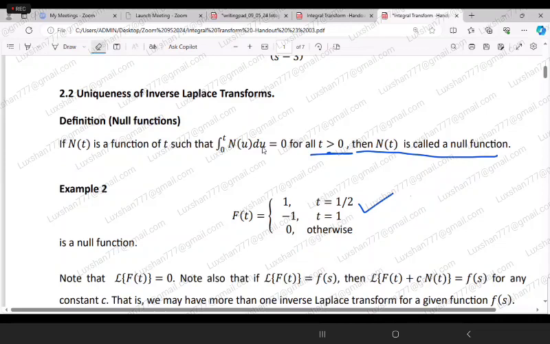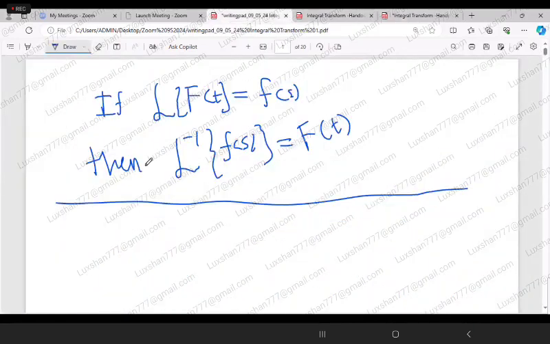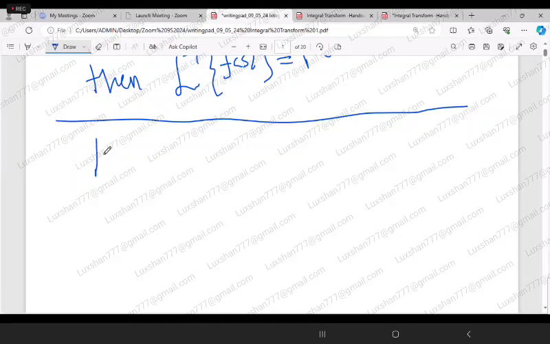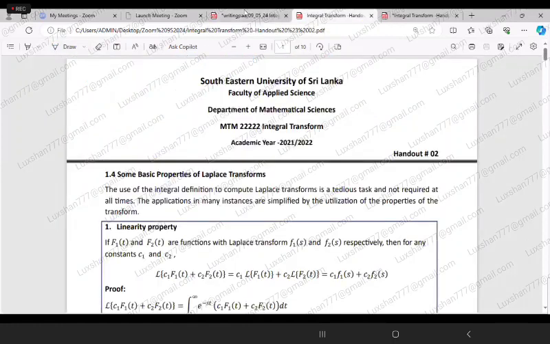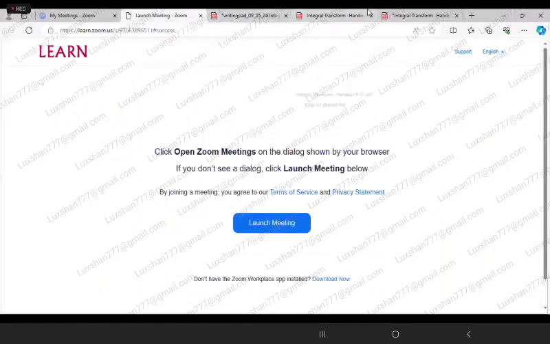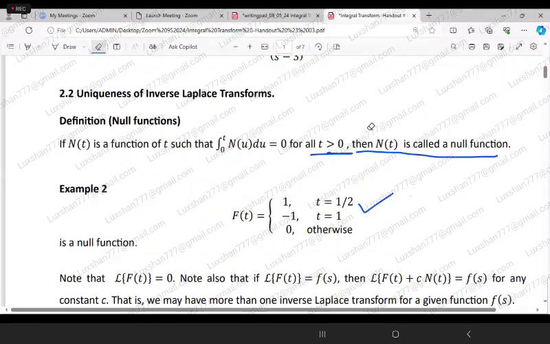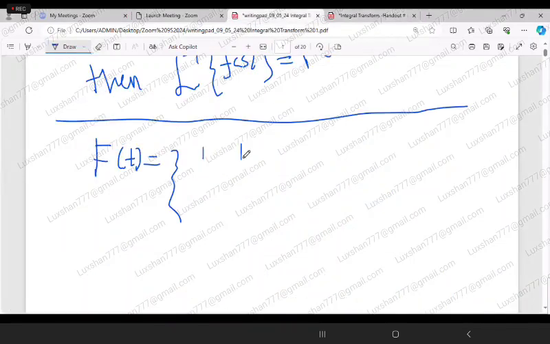Okay, so the function is defined as f(t) equal to, it has been defined as 1 when t equals half, minus 1 when t equals 1, and 0 otherwise.